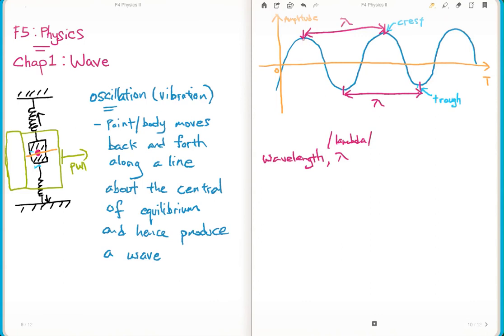You see the area under it is 1, 2, 3, 4. Four quarters make a wave. So the distance measured from there is called lambda.